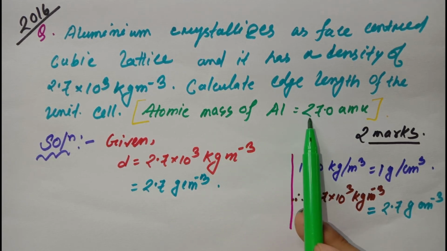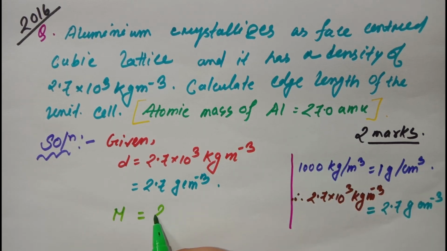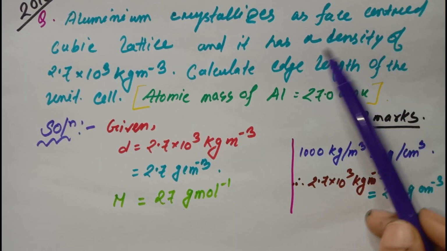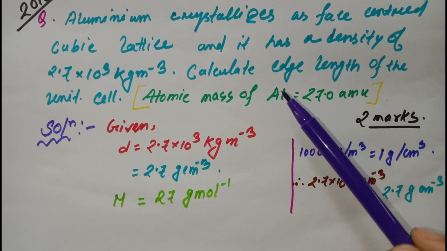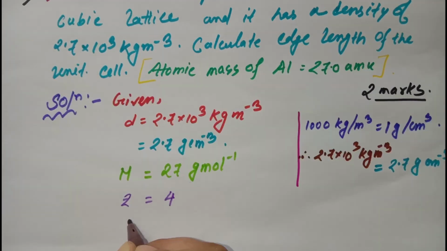Again, what is given here? That is the atomic mass of aluminium. See, this is a face-centered cubic lattice, so the value of Z will be 4. We have to calculate the edge length of the unit cell.